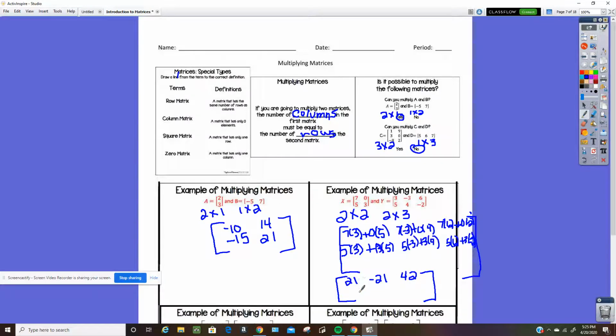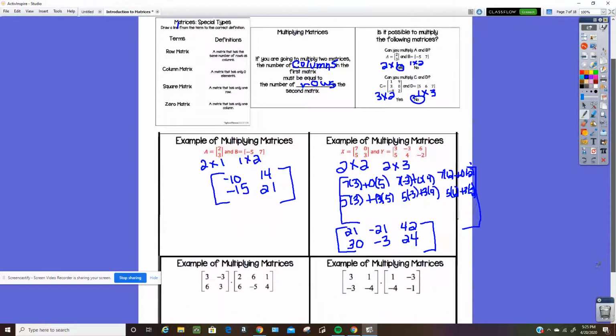And then 15 plus 15 is 30. And -15 plus 12 is -3. And finally, 30 plus -6 is 24. So notice that these two numbers match, and I end up with 2 by 3. So 2 rows and 3 columns for the result there.